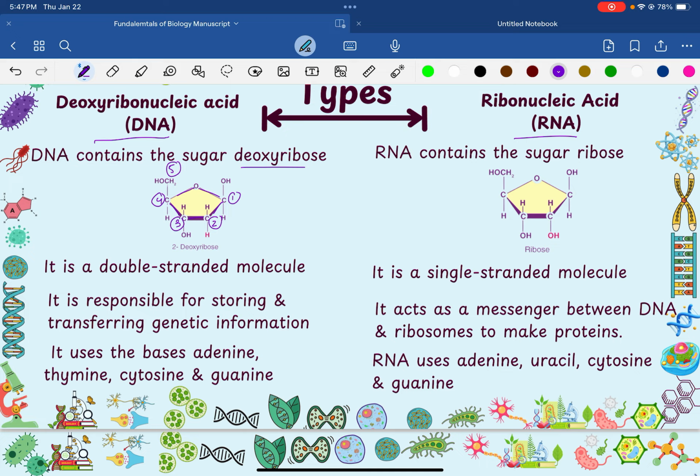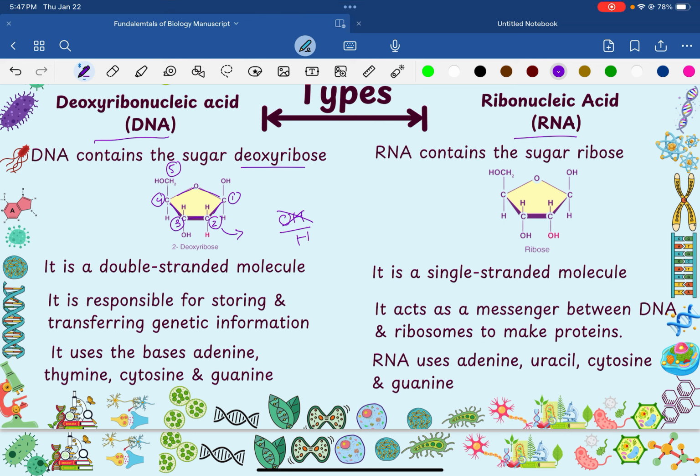Why it is called deoxyribonucleic acid is because at carbon number 2, instead of OH, we have only H. So one oxygen is less here in the pentose sugar. That's why it is called deoxyribose.